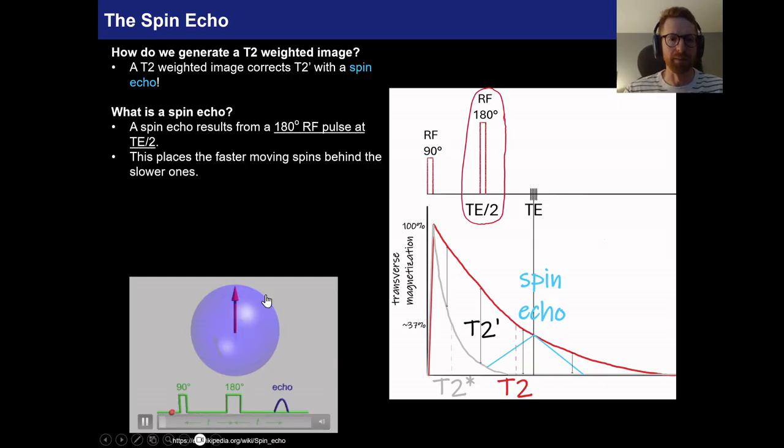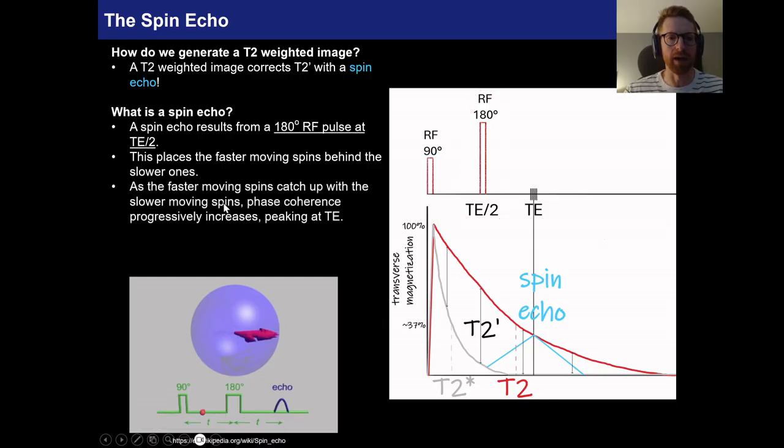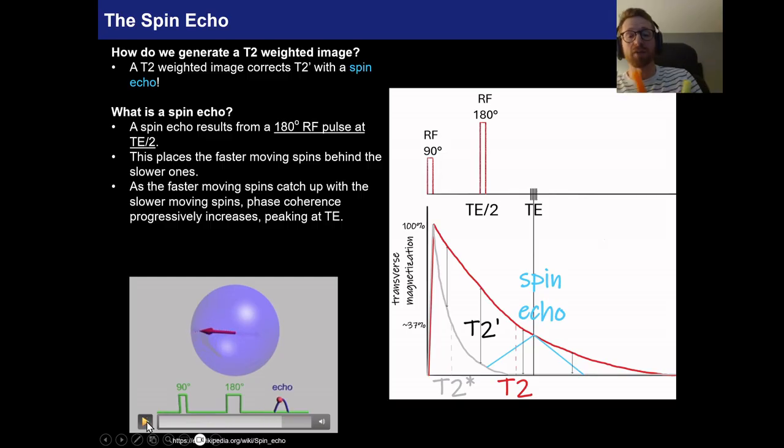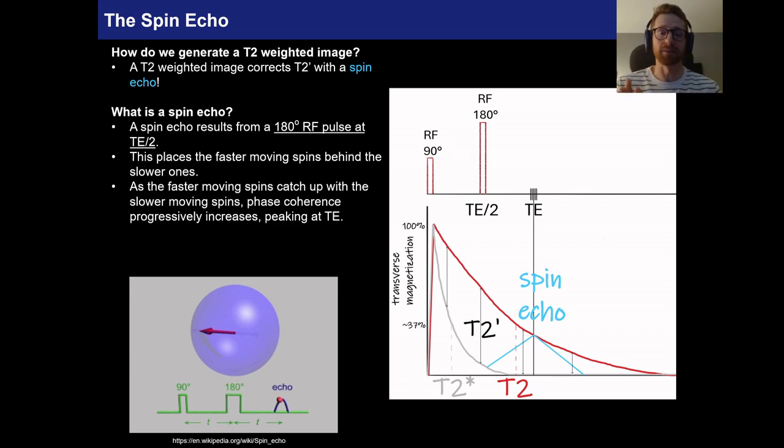So the faster moving spins are placed behind the slower moving ones, and they start catching up with each other, and they're going to basically perfectly catch up with each other at TE. And that's not an accident. We designed it that way. By putting the 180-degree radio frequency pulse exactly halfway between 90 and TE, look what happens.